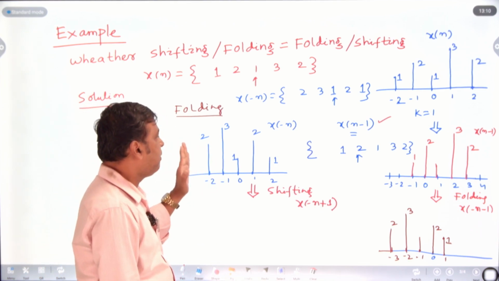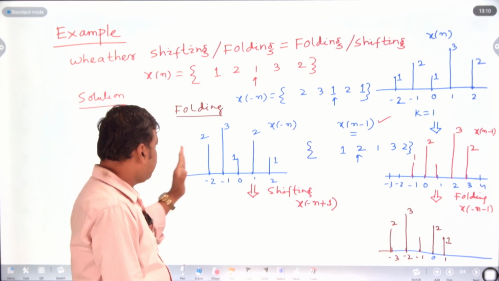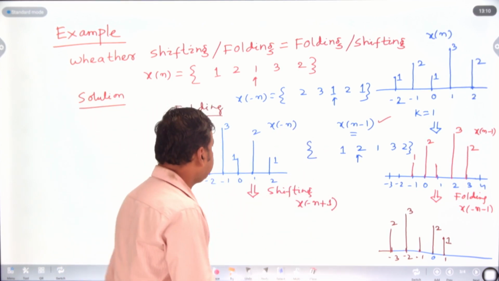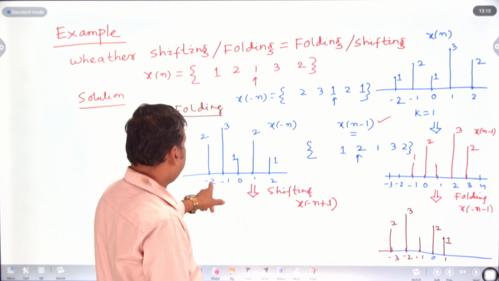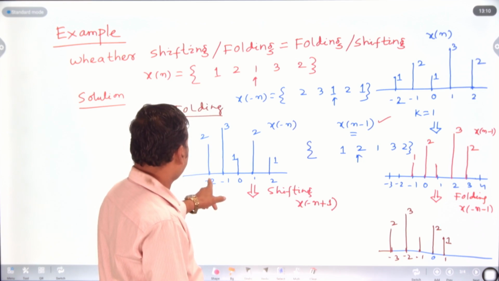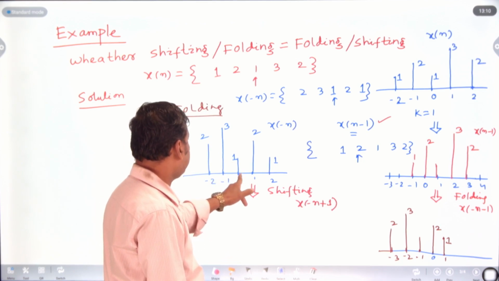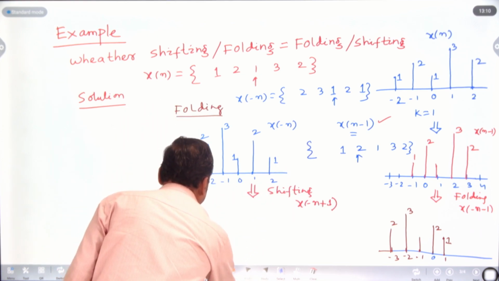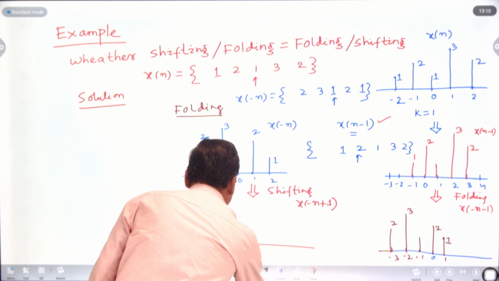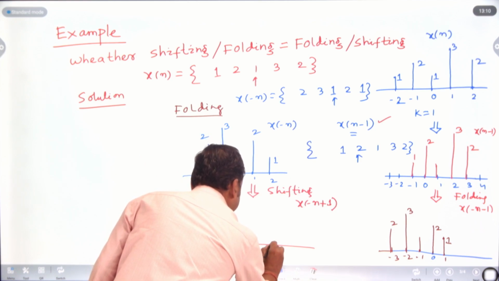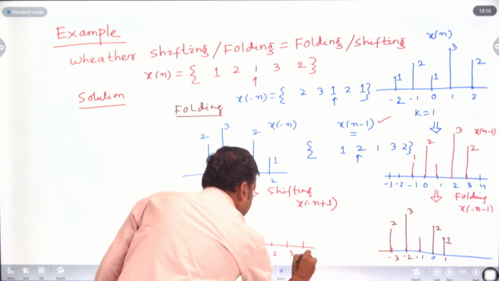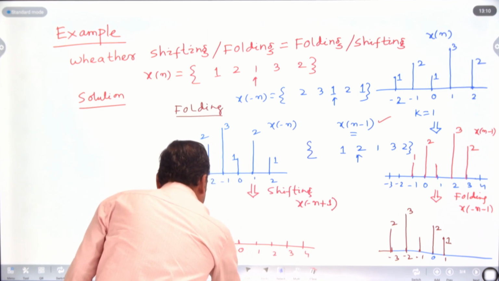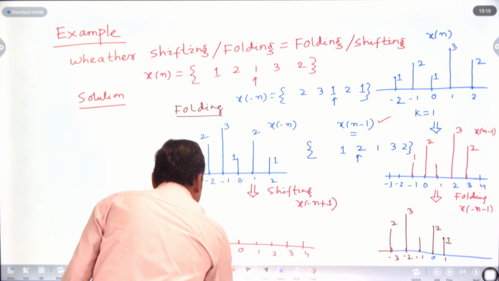Graphical shifting means here delay. Each sample is shifted toward the right by 1 unit. So that's why whatever here minus 2 becomes minus 1, whatever minus 1 becomes 0, like this. So x of minus n plus 1, the sequence is like this. This is your 0. Okay.